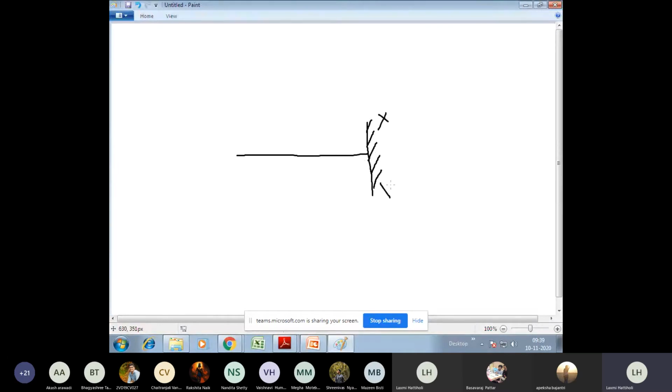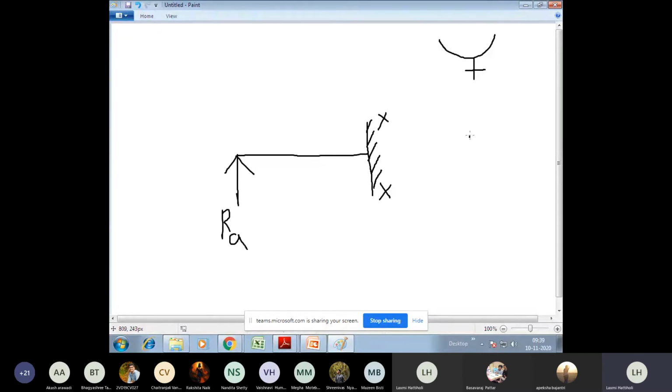This is my section XX. This is my RA. Now I'm asking you whether it is sagging or hogging. Let me tell you what is sagging and what is hogging. If you are getting the shape of the deflection curve in this way, then this is taken to be positive, that is sagging.